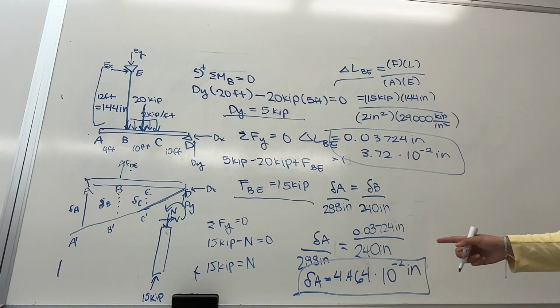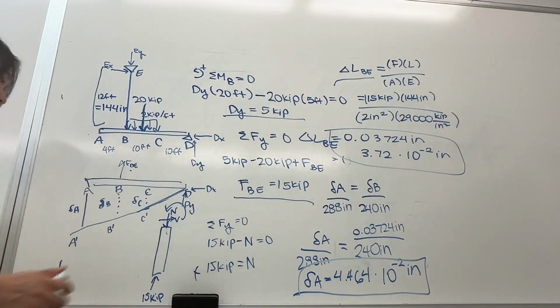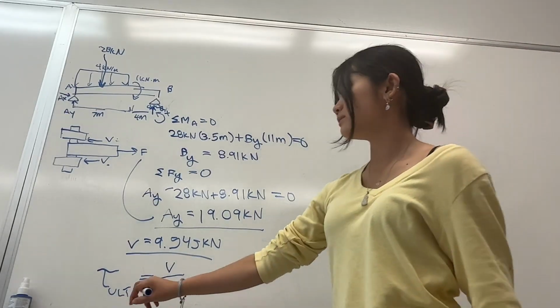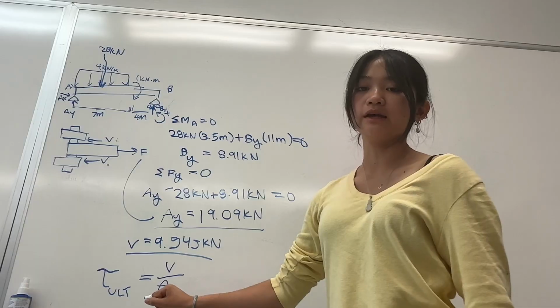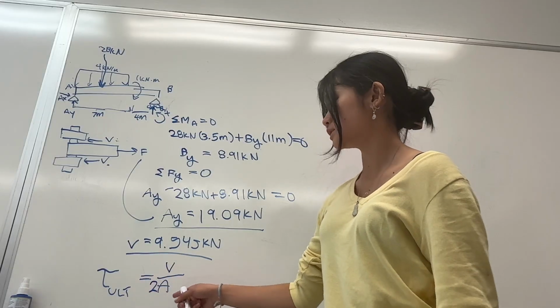Yay! And then that's it for this problem, right? So we have this, and because it's in double shear, we would have to multiply A times 2, because that's the equation for double shear.